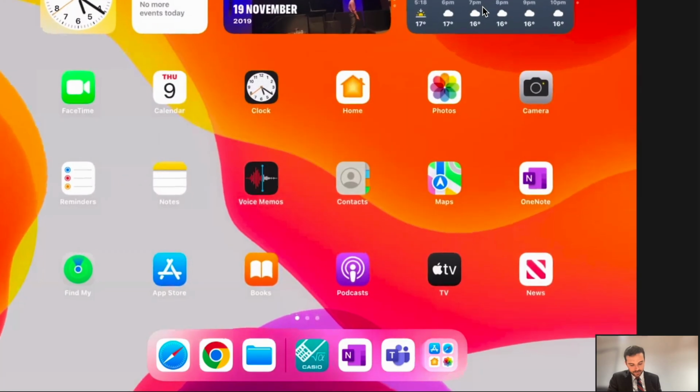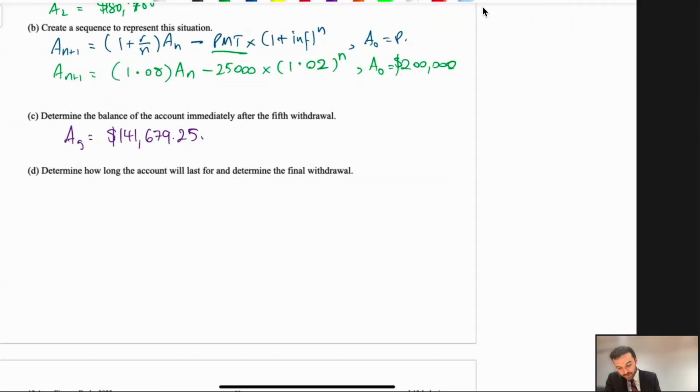So let's go back. Let's write those values down. Okay, so we've got those values there. So therefore, it will last for 12 years.